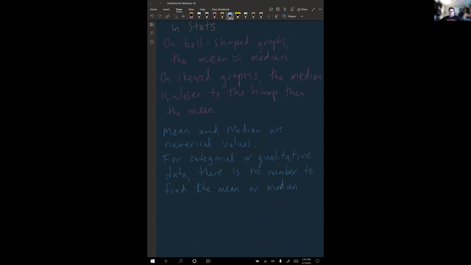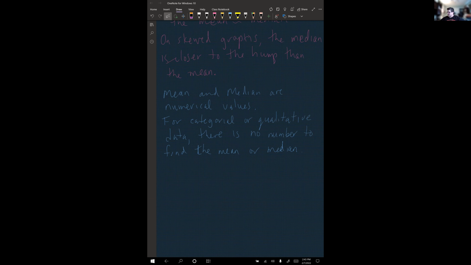In this case, we use something called the mode. The mode is the most common response, or the response with the highest frequency.